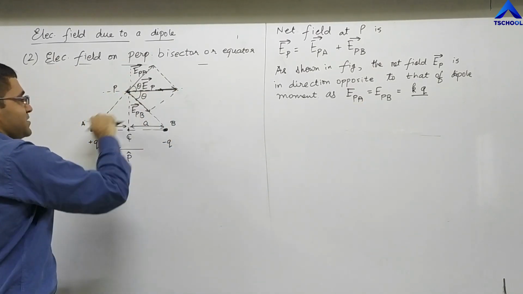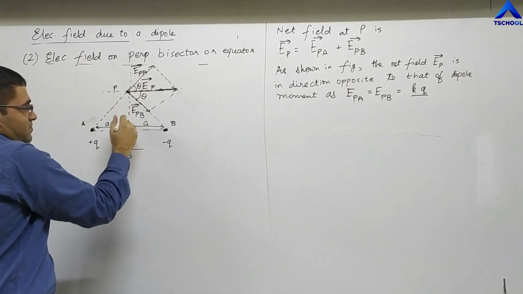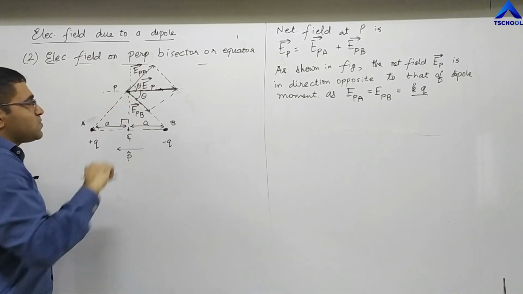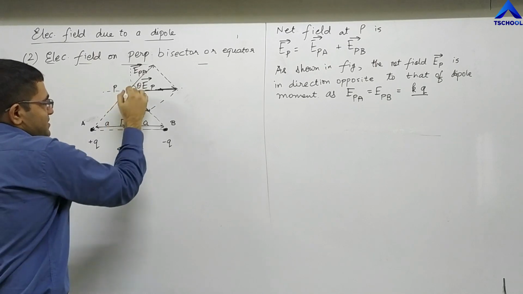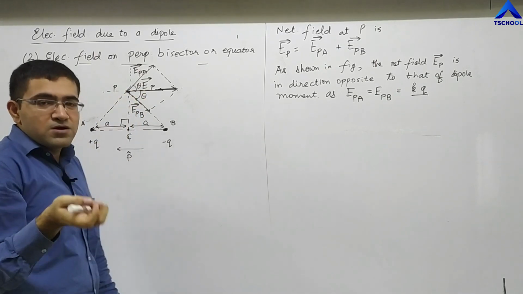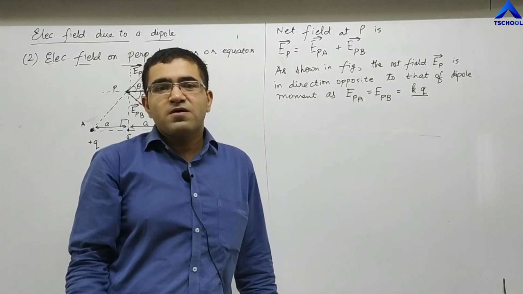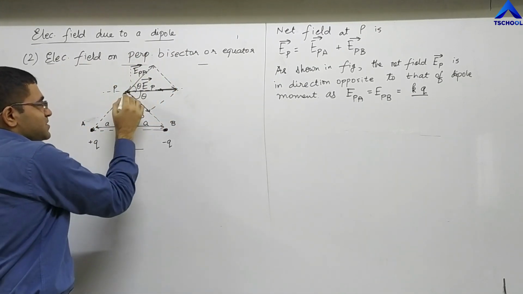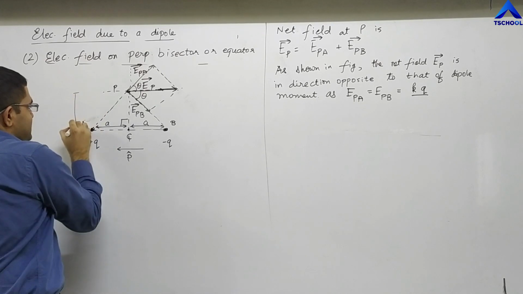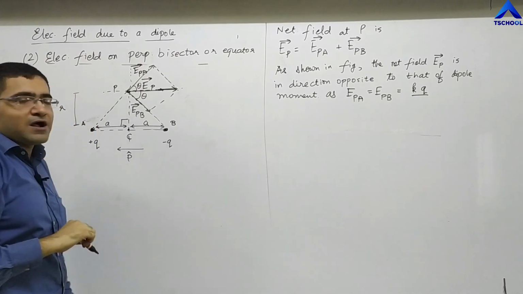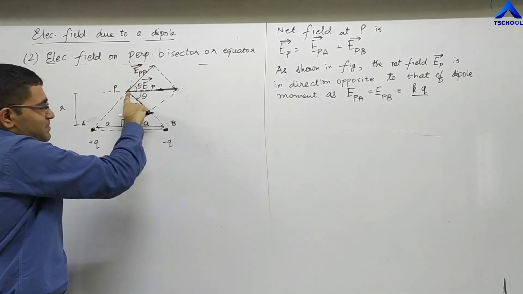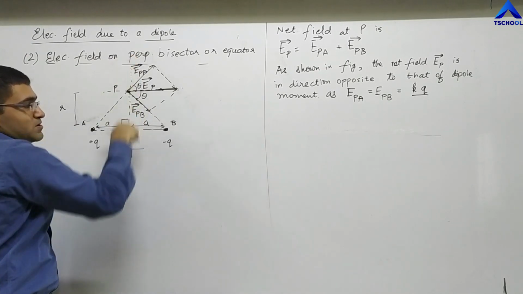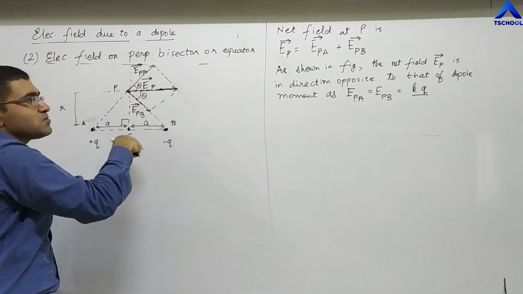So this is the hypotenuse of this right-angled triangle. What we have defined is this distance. Like if you remember, for axis of dipole, we defined that if there is a point P, it is at a distance r. So just like that, let's say this distance is r. Right? So where's the point P? Point P is at a distance r from C. But this time it's on the bisector or on the equator.